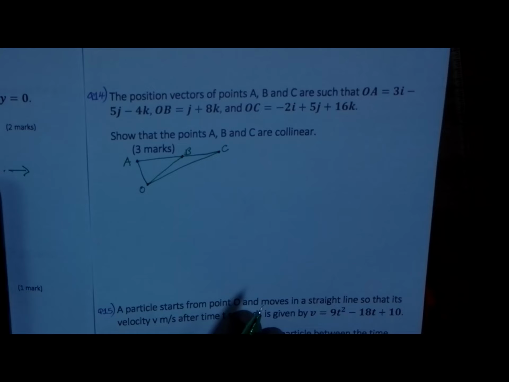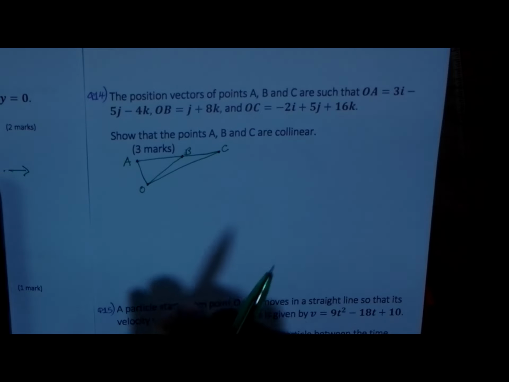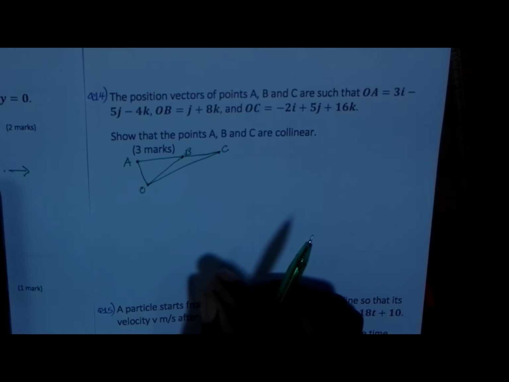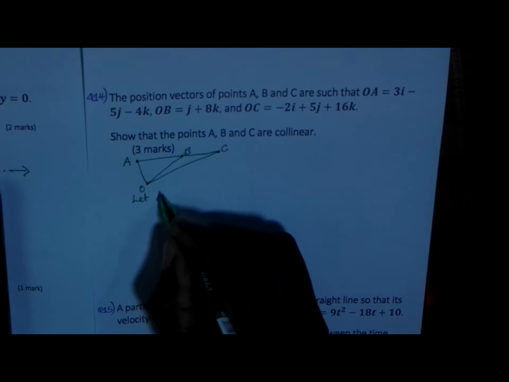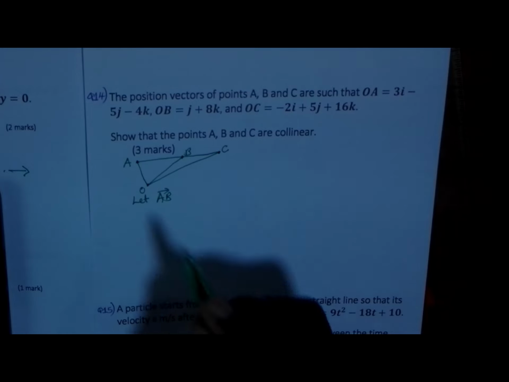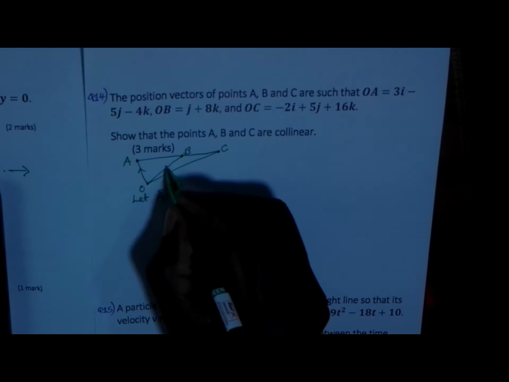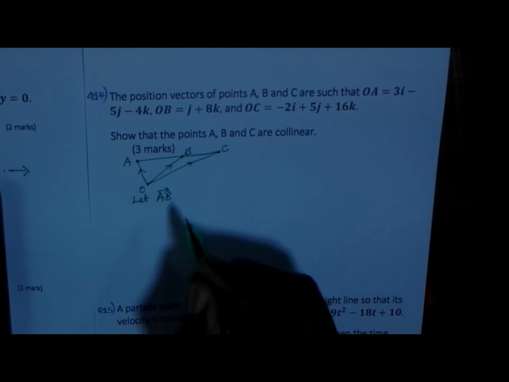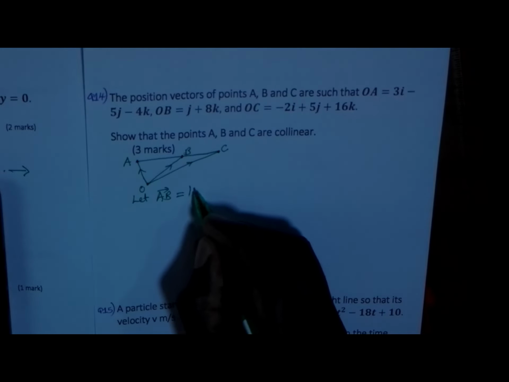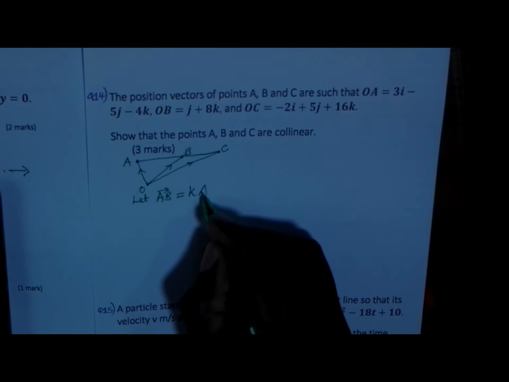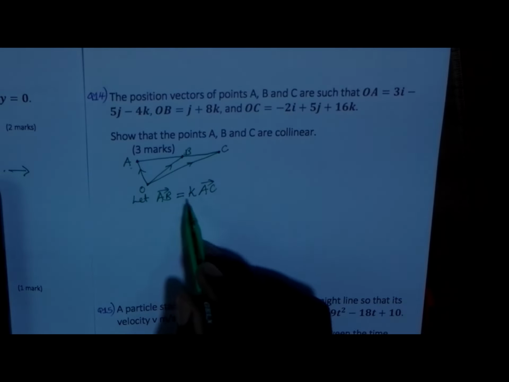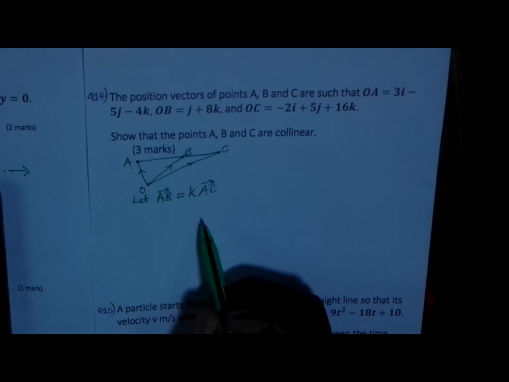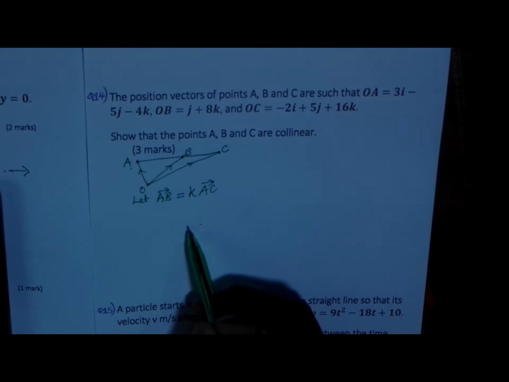Are they parallel to each other? Is there any point which is common? So we can say let AB vector be equal to a ratio k of AC vector, a certain ratio which divides the line.